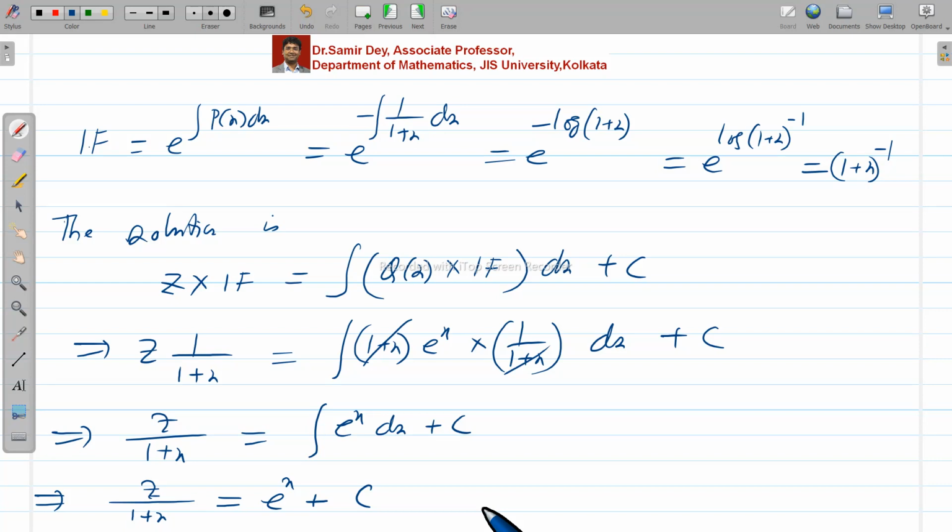What is the z you have considered? Yes. What is your z? That is sin y. Please write down: sin y by 1 plus x is equal to e to the power x plus c. Please write down, this is the solution of the given Bernoulli's equation. Please check.